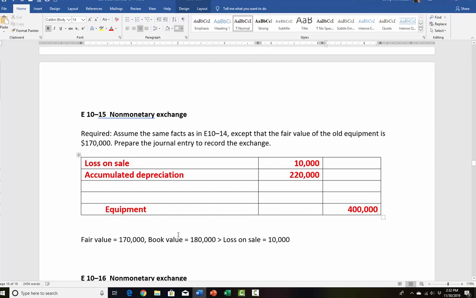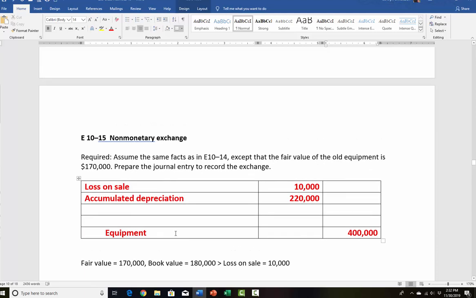Now what else do we have? We still have our cash, so we'll credit our cash $60,000, loss on sale, and then we're going to debit our new equipment. Now in this case, how much are we going to record for our new equipment? We still paid $60,000.